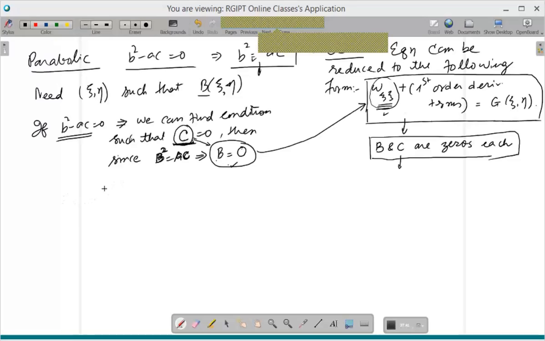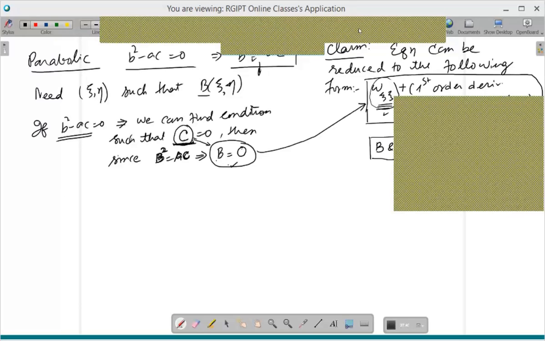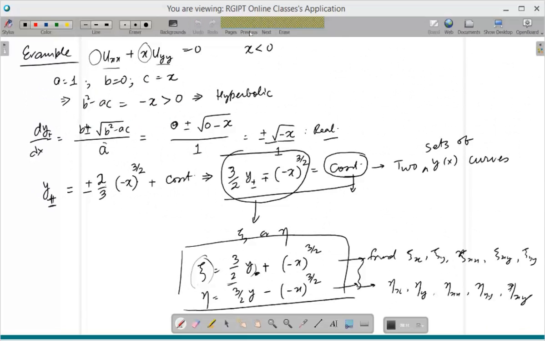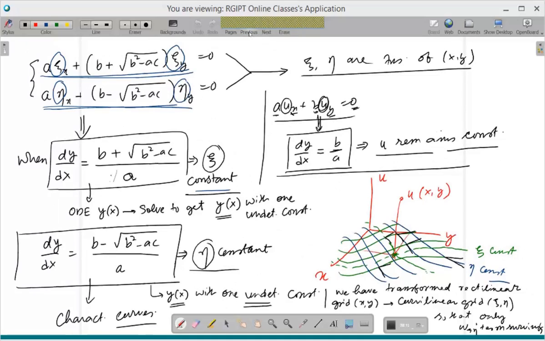Now, when would capital C be equal to 0? If you look at the expression for capital C, let me cross check, this was the expression, which I am directly using and setting to 0.